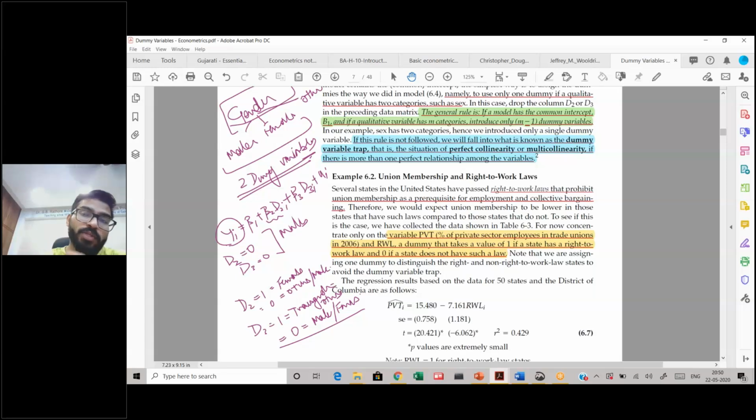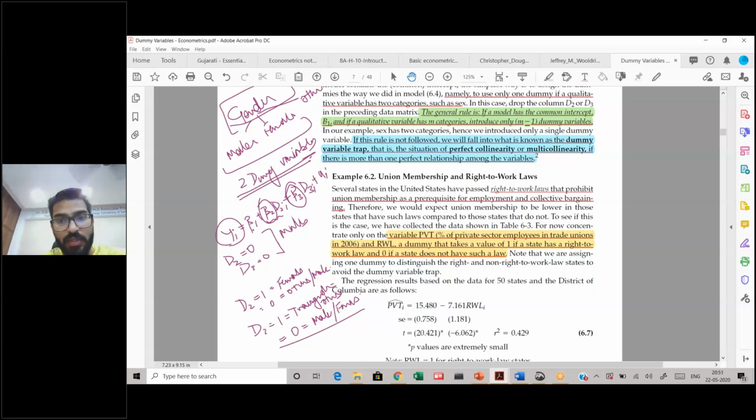But if you want to find out the difference between male and female, that is b2. And if you want to find out the difference between male and transgender, that is b3. And if you want to find out the mean average consumption of transgender, it is b1 plus b3. We're going to go into detail. I just wanted to give you a snapshot of what we are going to do.